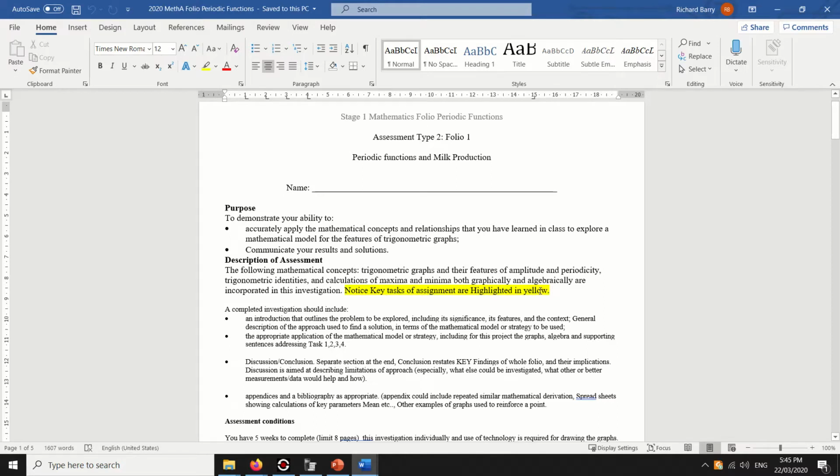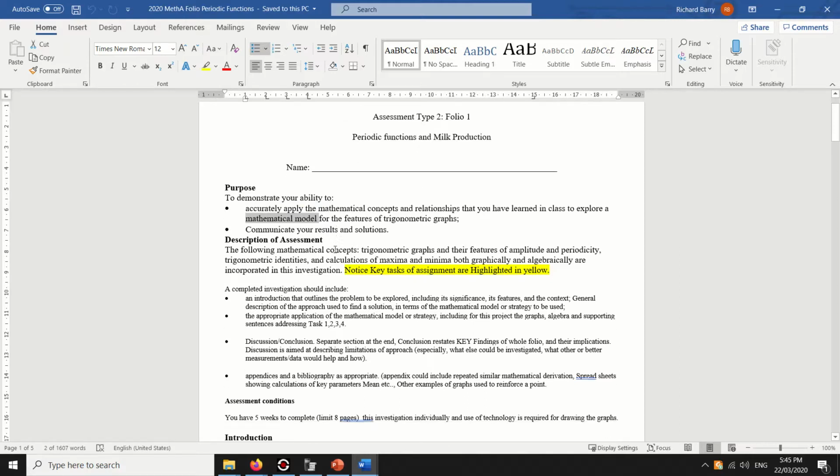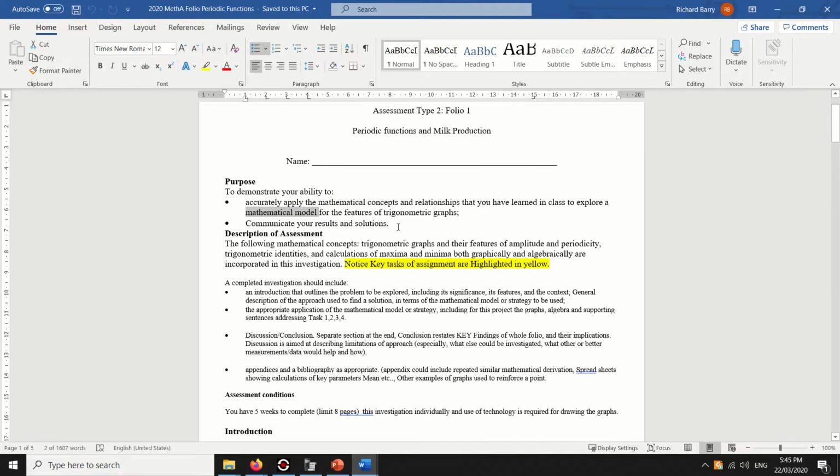We have a descriptive page at the start talking about the purpose of this task, which is to learn about the idea of mathematical modelling, in particular for periodic functions, which means sine and cos, and to present your answers and findings in a project format.